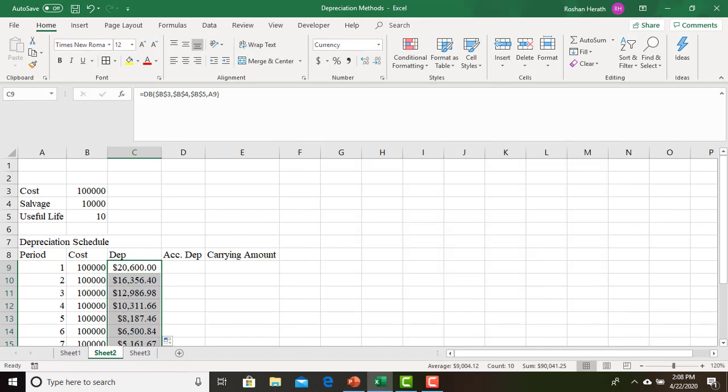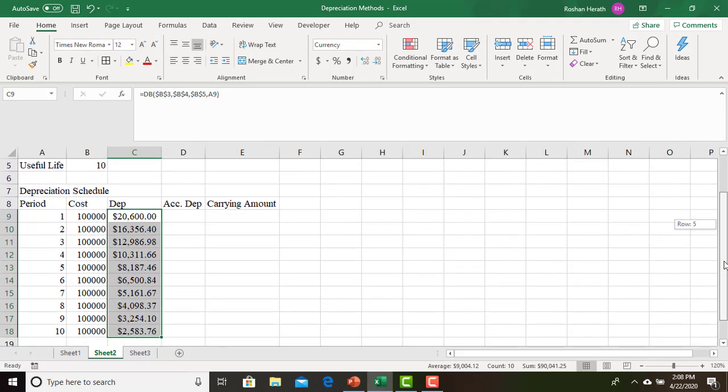Then you may drag it down, and as I said earlier, you can see that in the initial period you are charging a higher depreciation, but towards the end you are charging a lower depreciation. That is one of the main differences compared to the straight line depreciation method.